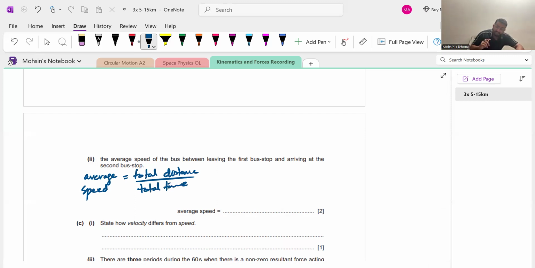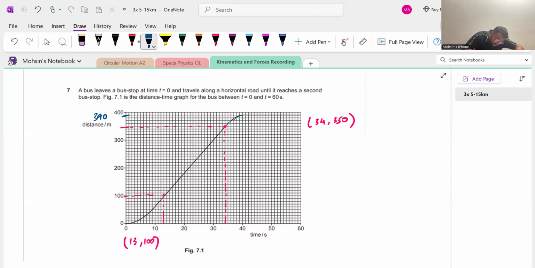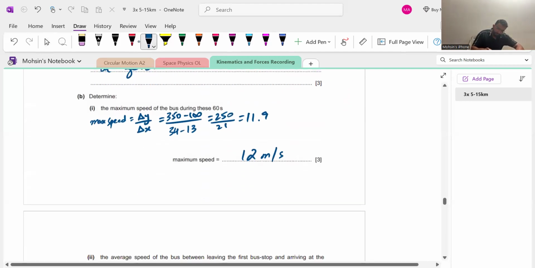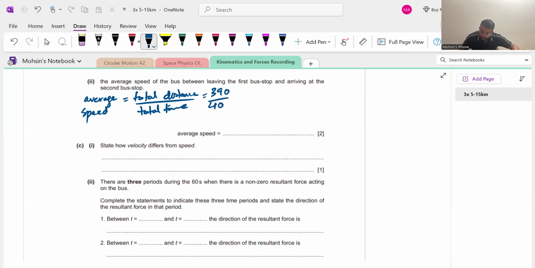The total distance covered is basically 390 and the time it took to cover this distance is 40 seconds. So it's 390 over 40. 390 divided by 40, I'm getting 9.75. So it will be 9.8.